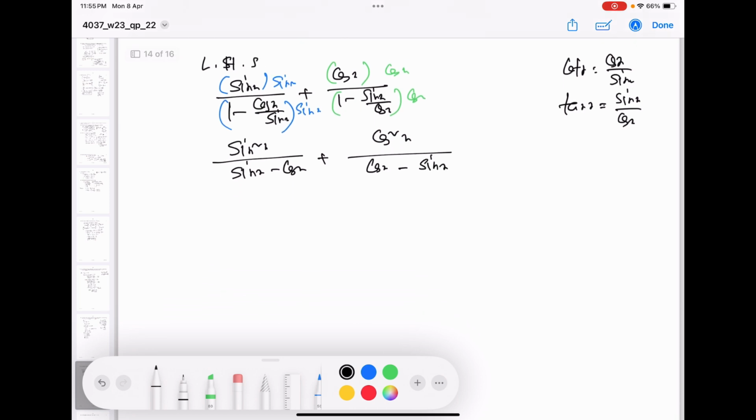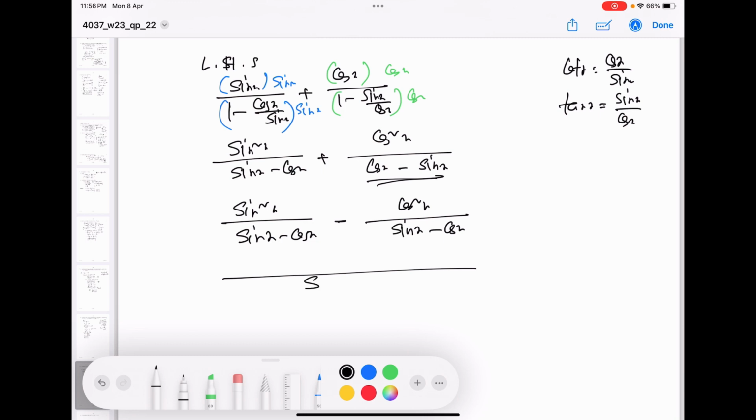Let me now arrange the denominators a bit, it is not arranged, so take minus as common from the second one, so it is becoming minus cos square x over sin x minus cos x.